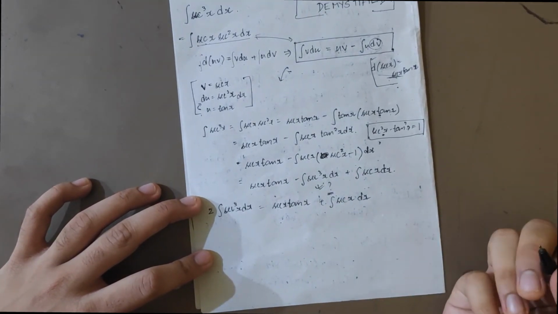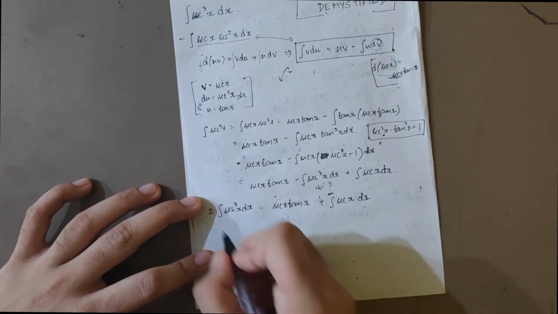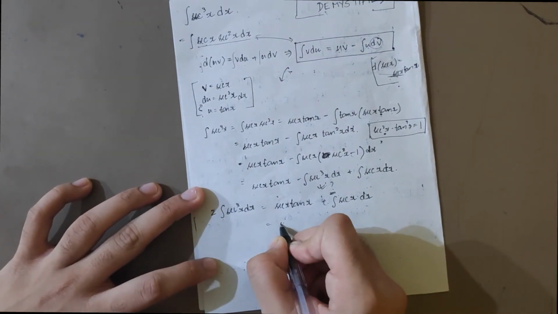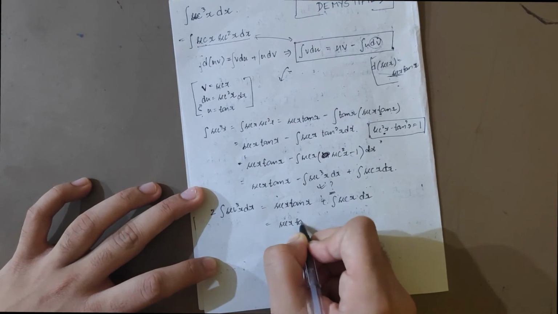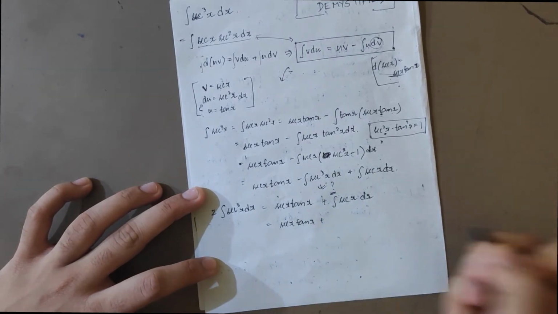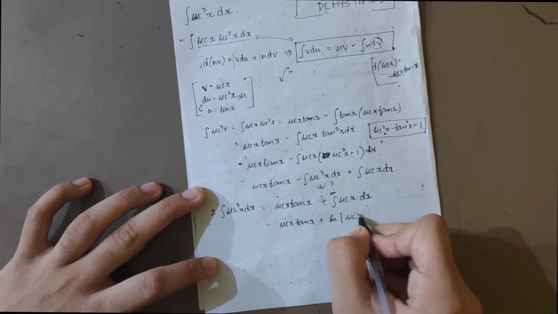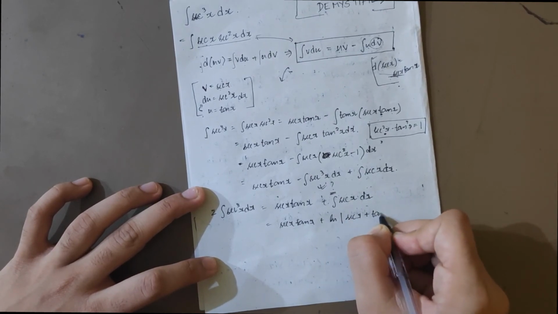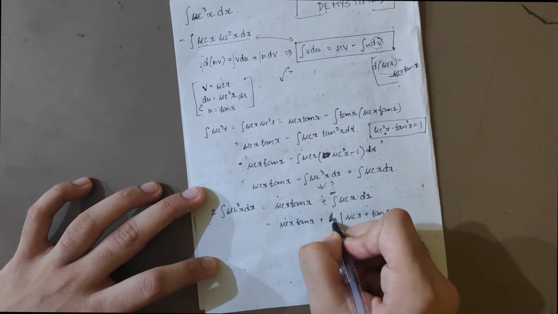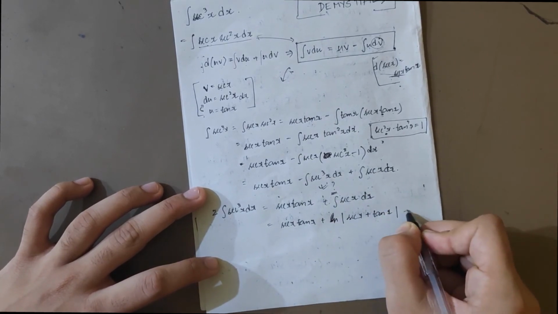Assuming we already know the integral of secant x, which is quite simple, then this will be secant x tan x plus ln mod of secant x plus tan x. This is the natural logarithm ln, plus c.